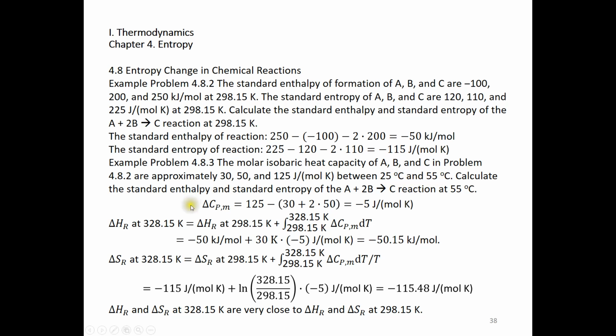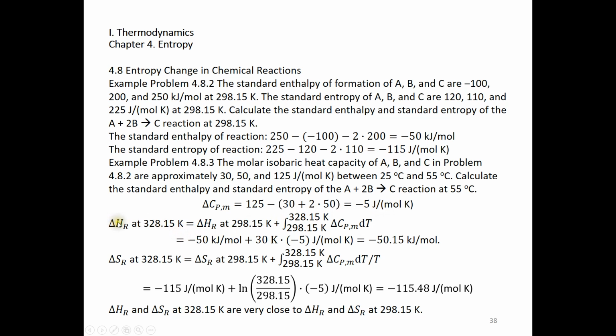Now we can compute the standard enthalpy and the standard entropy of the same reaction at 55 degrees Celsius. First, we need to know delta CPM. So we have the product C minus A minus 2B. We get this number, negative 5 joule per mole K. So this is just the change of CP per mole of reaction.